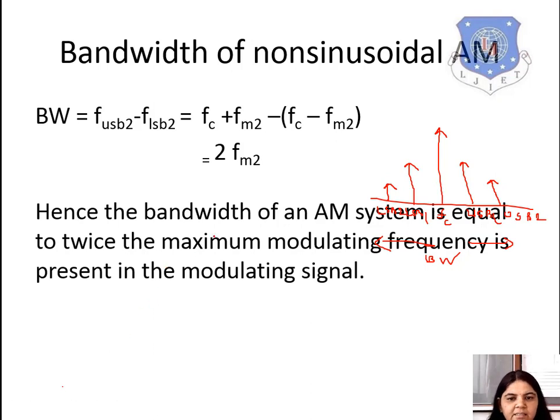So we can say that the bandwidth of the AM system is equal to twice the maximum modulating frequency. So this is about the bandwidth of non-sinusoidal AM. You can solve the examples based on this from the book given to you.